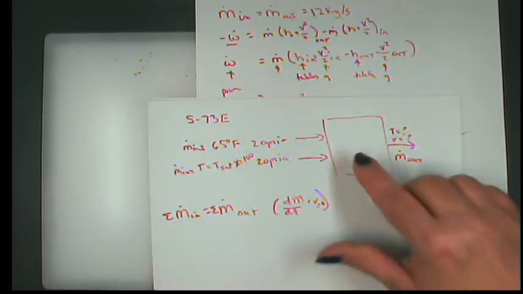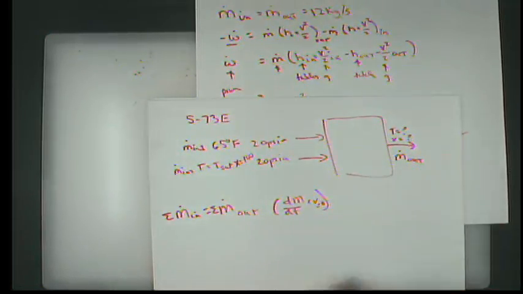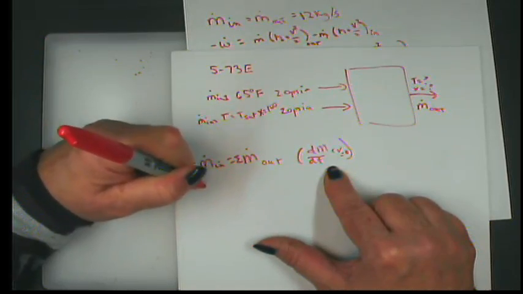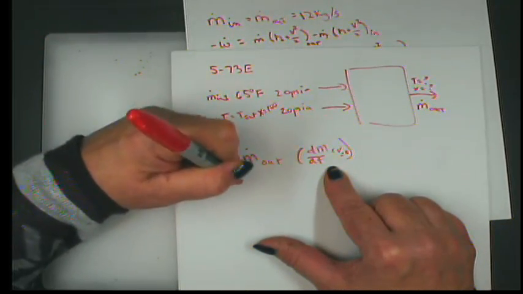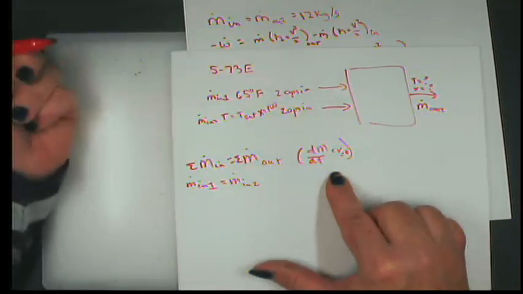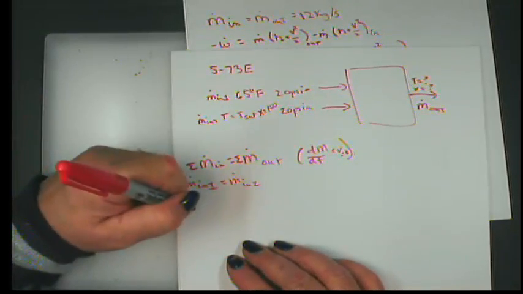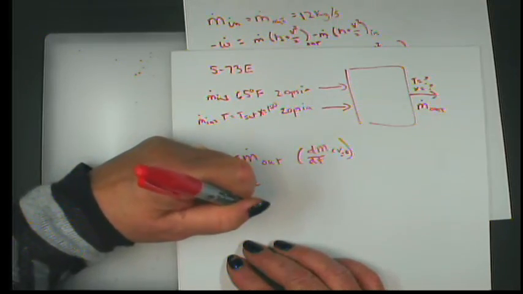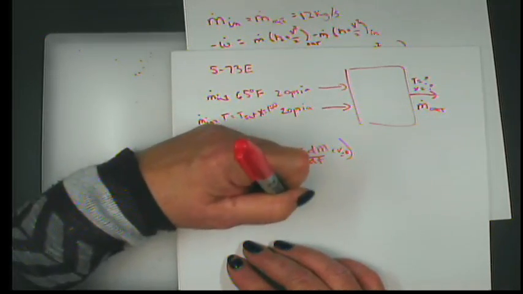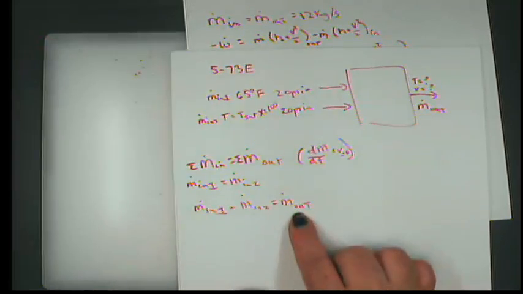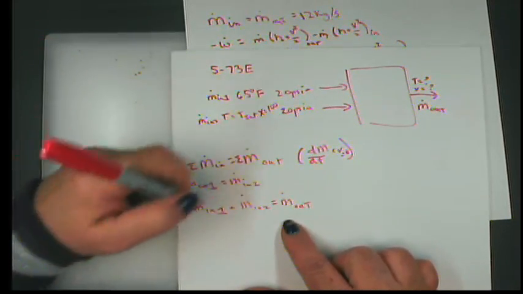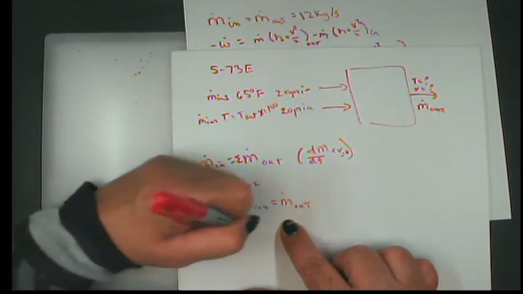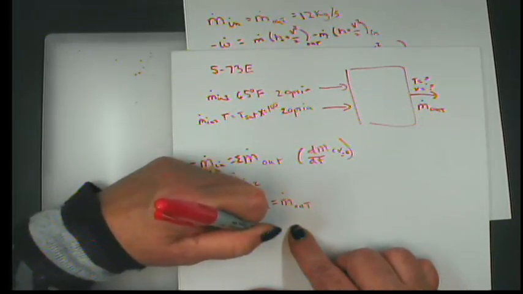Now that's not going to be true until the chamber flows full. So we know that m dot in 1 is equal to m dot in 2. And so when we write this, we can say m dot in 1 plus m dot in 2 is equal to m dot out, because there's only one outlet. Or, since they're equal to each other, 2 m dot in equals m dot out.